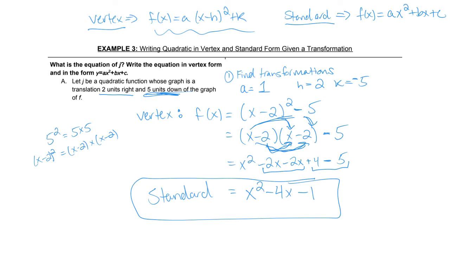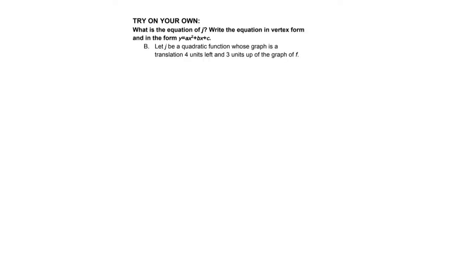All right, so the next one says try on your own. I'll help set you up, and then I want you to pause it and try it on your own, and then I'll give you the solution. That's the last problem of this. Let's set it up real quick. We have 4 units left, so h equals negative 4. 3 units up, k equals 3.